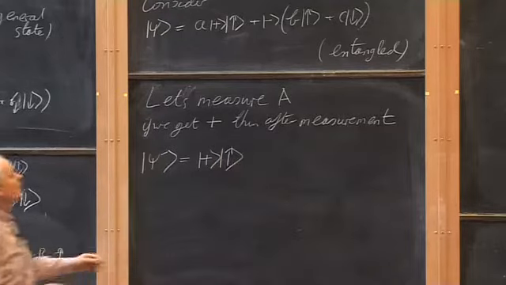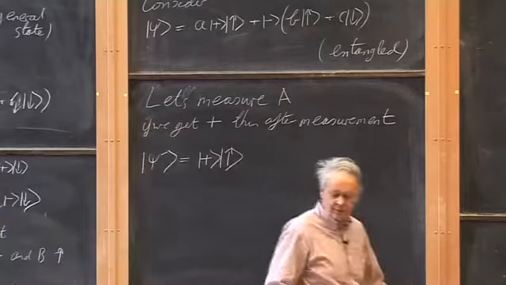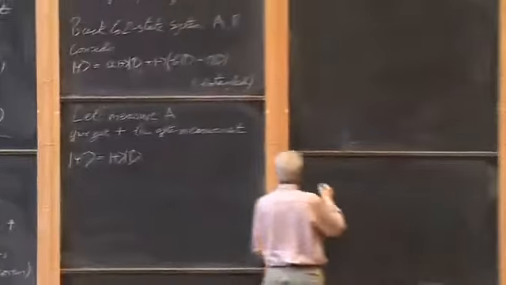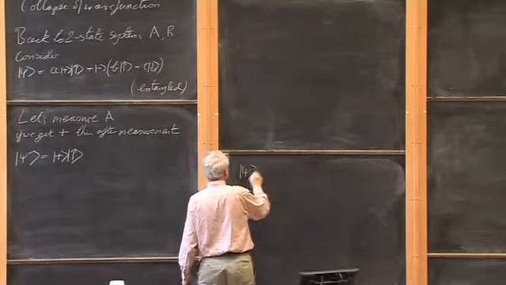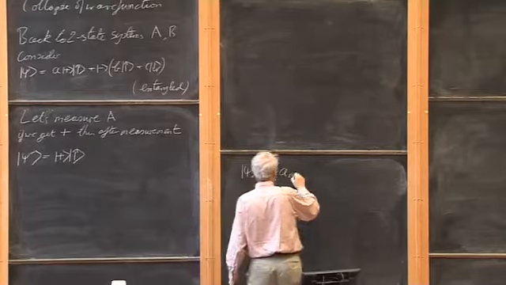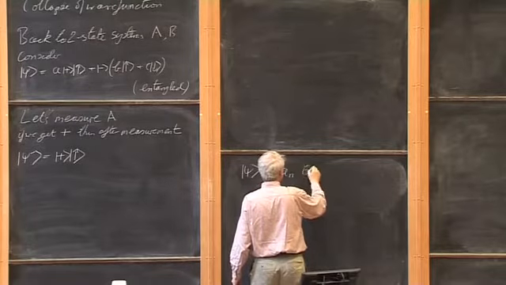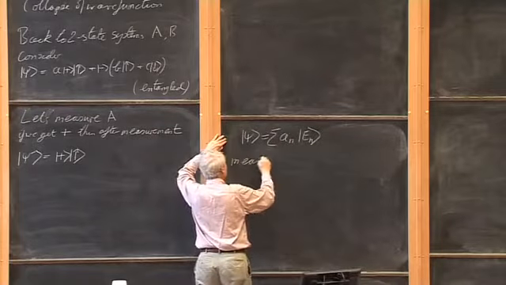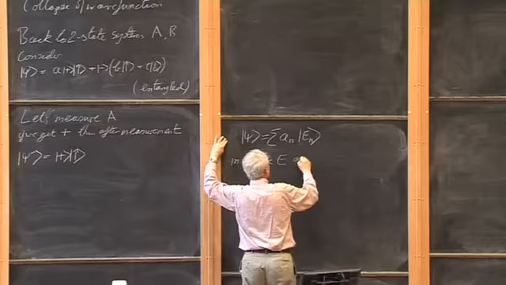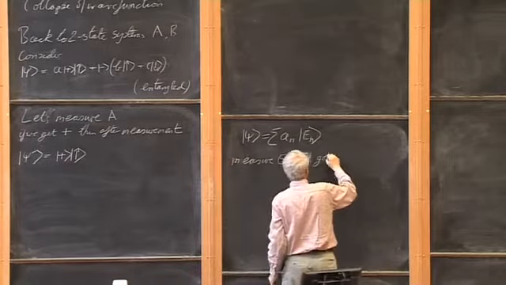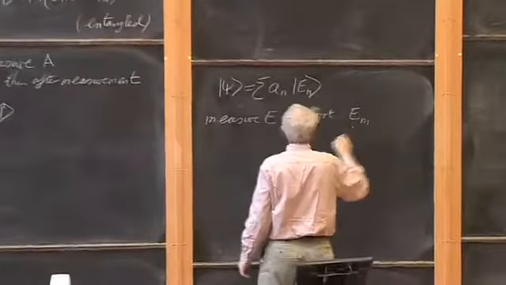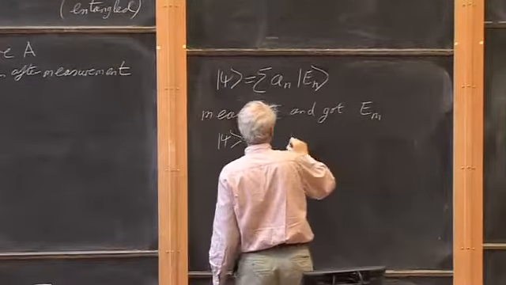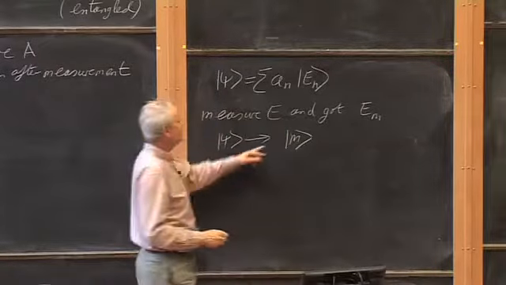Let's just remind ourselves what collapse of wave function was all about in the single system. If we had a single system, we wrote psi was equal to the sum of a_n, let us say E_n, for example, and we measured E and got the answer E_m, then psi went to the state m, right? After the measurement, it was in this state.